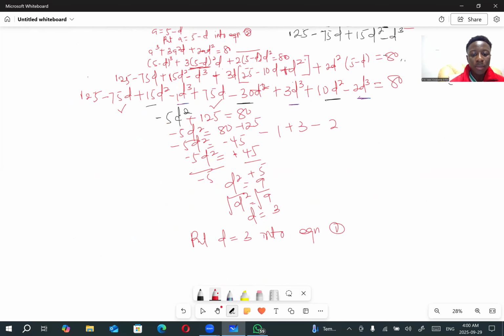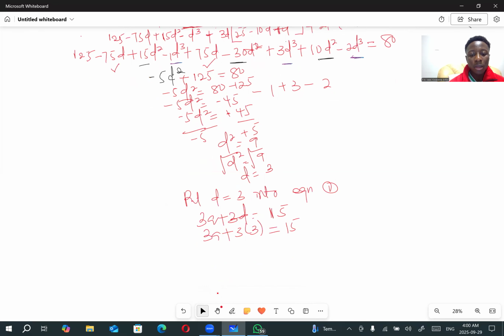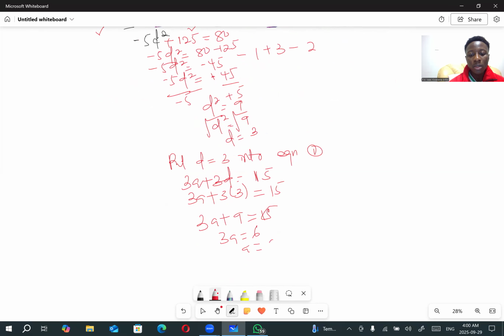So that would be 3a plus 3 times 3 equals 15, so 3a plus 9 equals 15. 3a is equal to 15 minus 9, which is 6. So a is equal to 6 over 3. A is equal to 2.